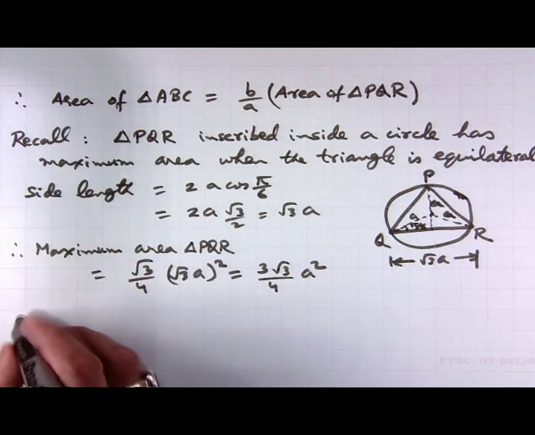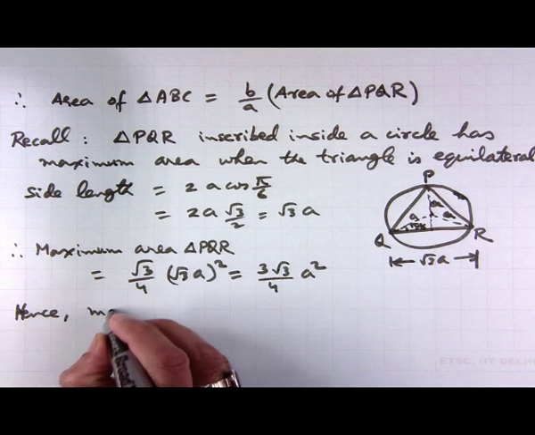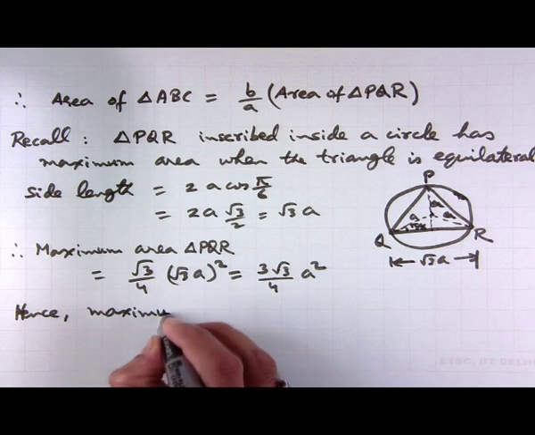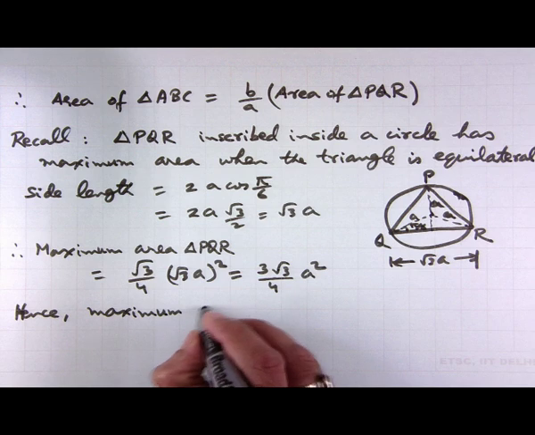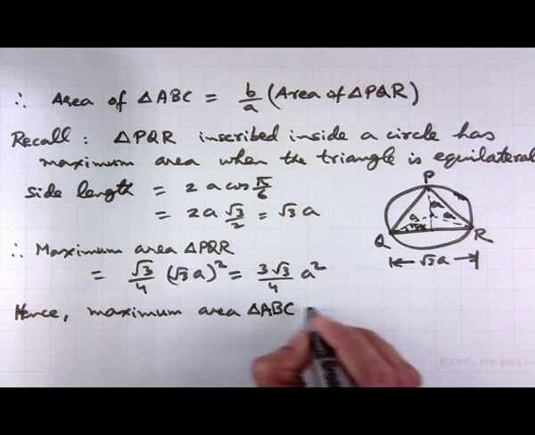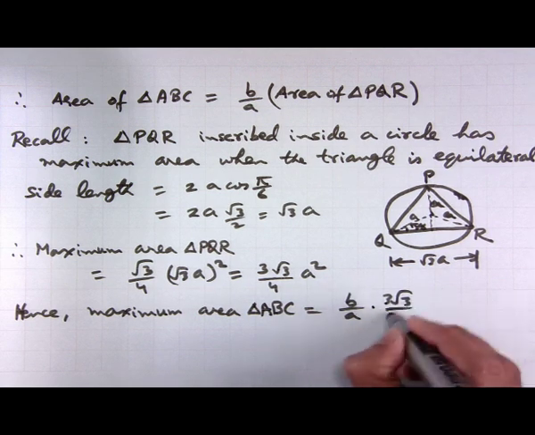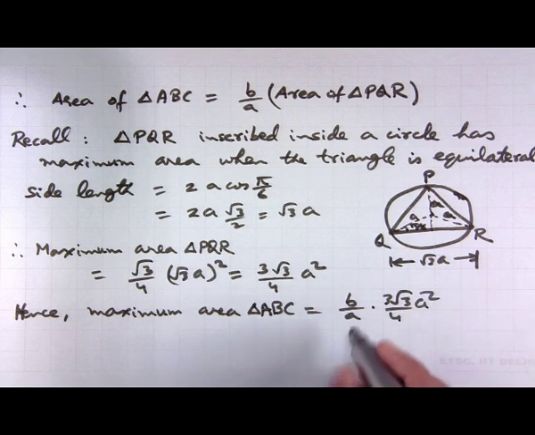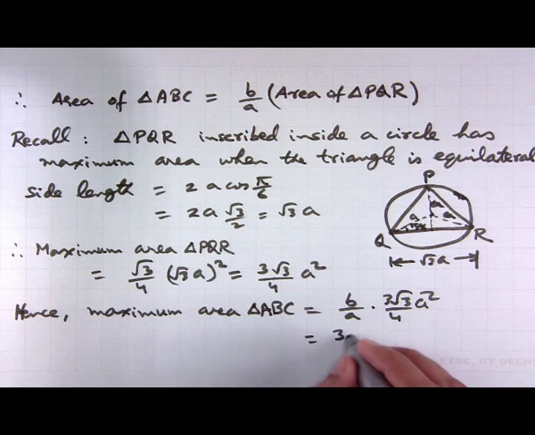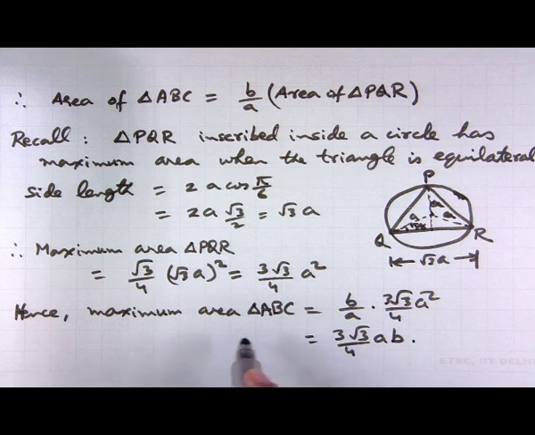And hence, the maximum area of triangle ABC will be B by A times this 3 root 3 by 4 A square, which is equal to 3 root 3 by 4 times AB. So, this is the maximum possible area of a triangle inscribed in an ellipse.